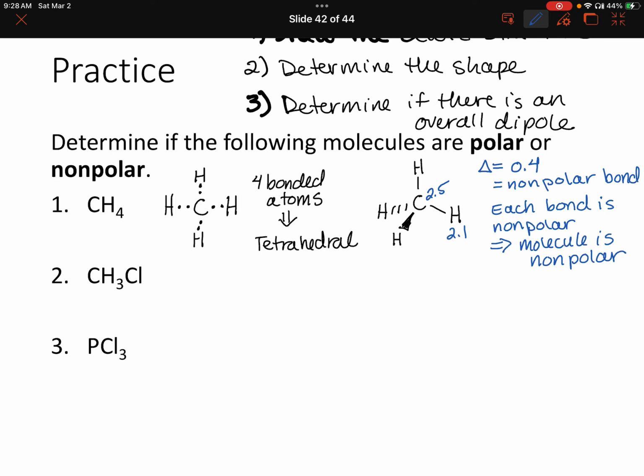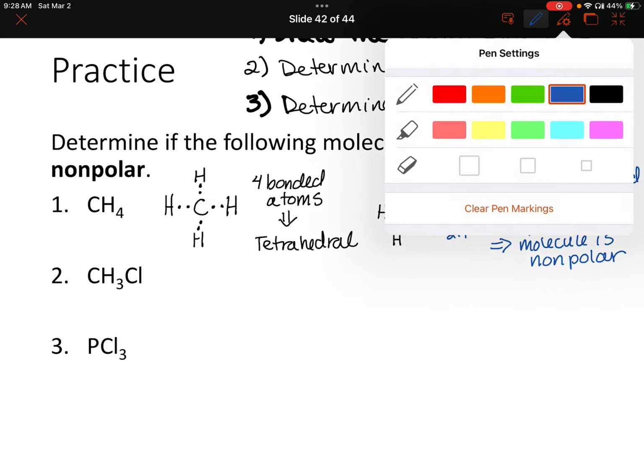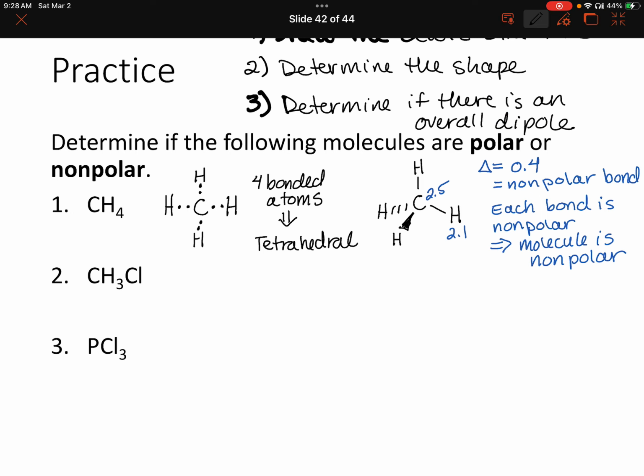Let's say we put in like one fluorine. That fluorine is super electronegative, so that would change things. That would make the molecule polar. And actually, we're going to see that in the next example with CH3Cl.